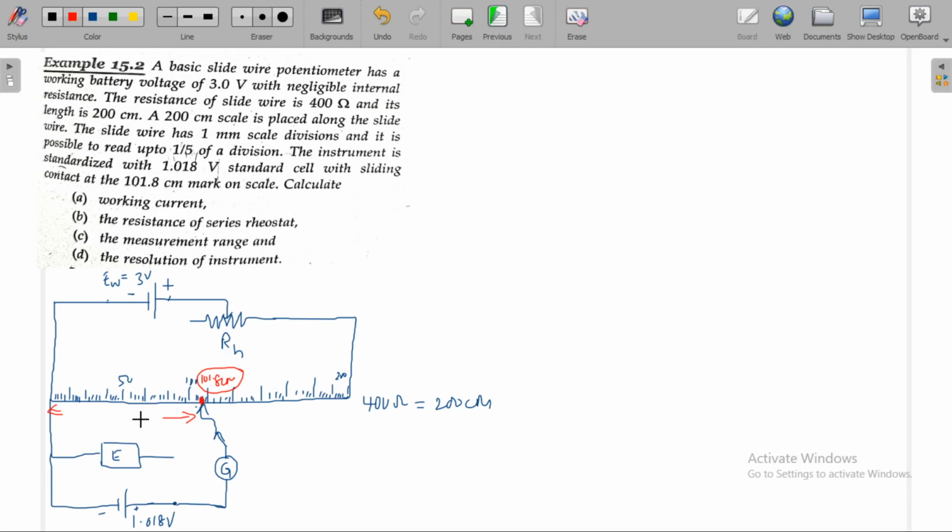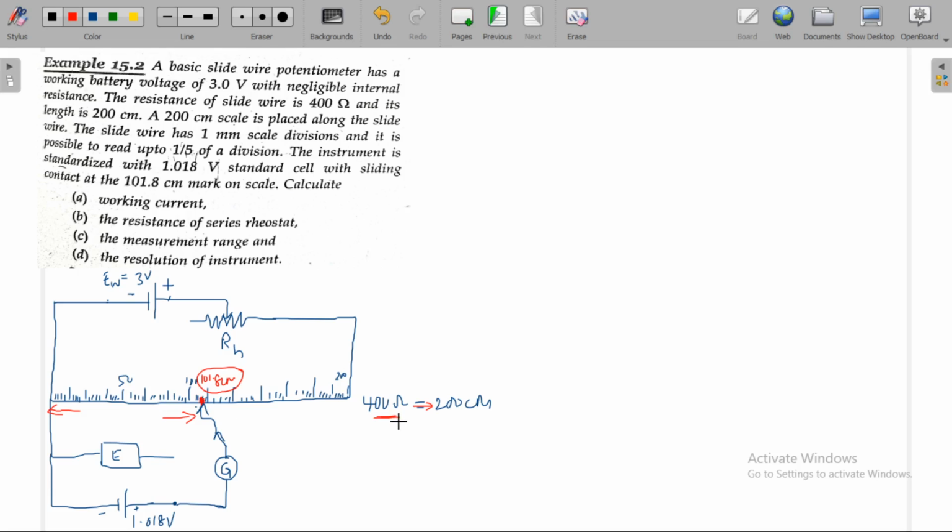All you need to find is the resistance across a portion of this slide wire. It is given 400 ohms is the total resistance of slide wire.